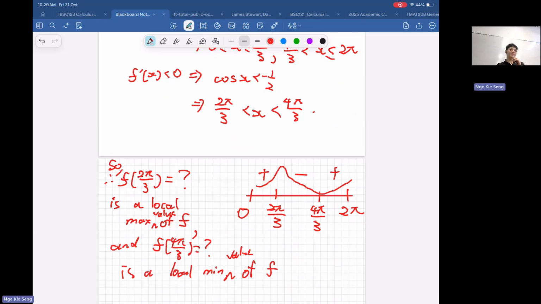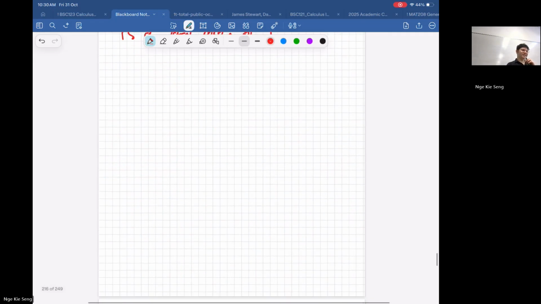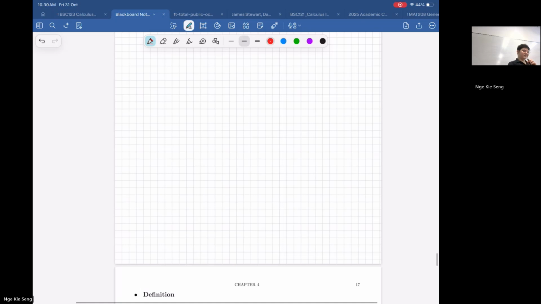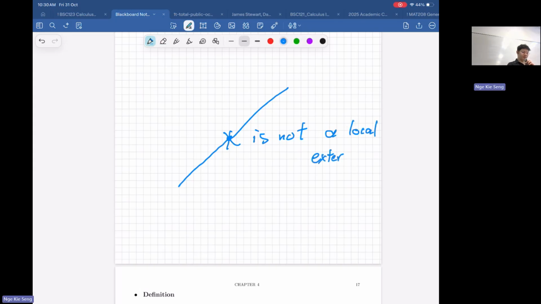No, it's not a local extreme point. If you increase on one side and increase again, then this is not any local extreme.